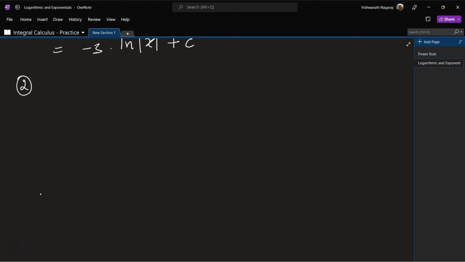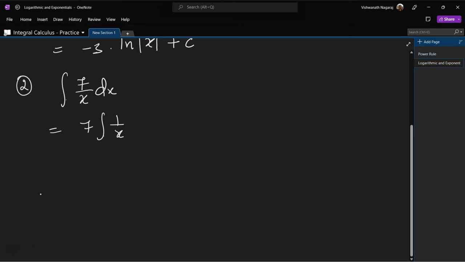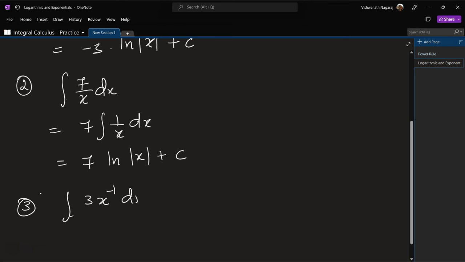Okay, let's look at the second one. Integral of 7 by x dx. Again, take out the constants. 1 by x dx. 7 natural log of x plus c. Okay, now integral of 3x to the power of minus 1 dx.